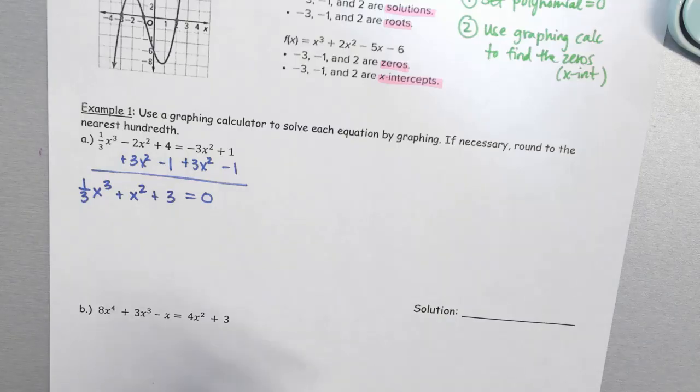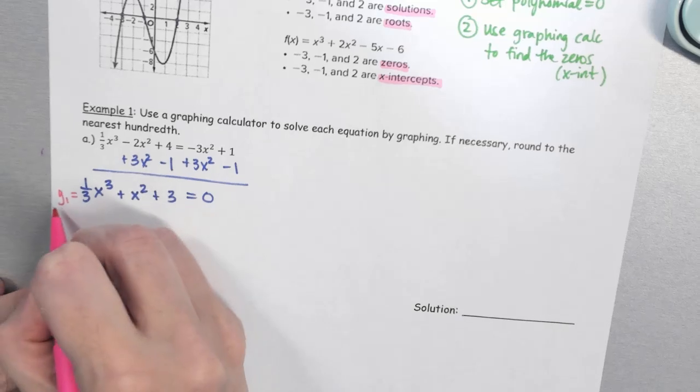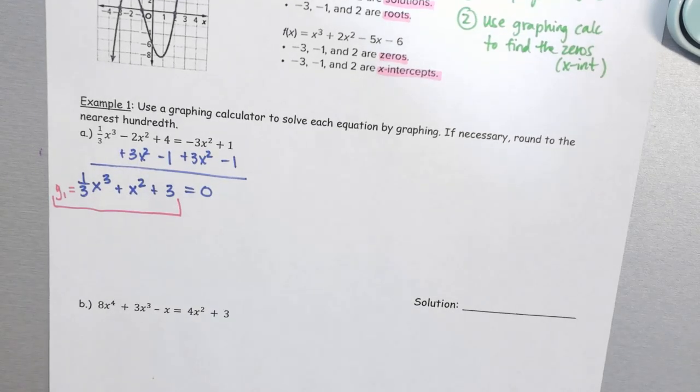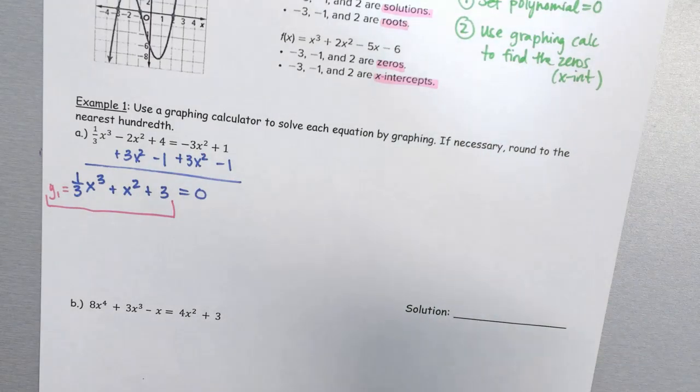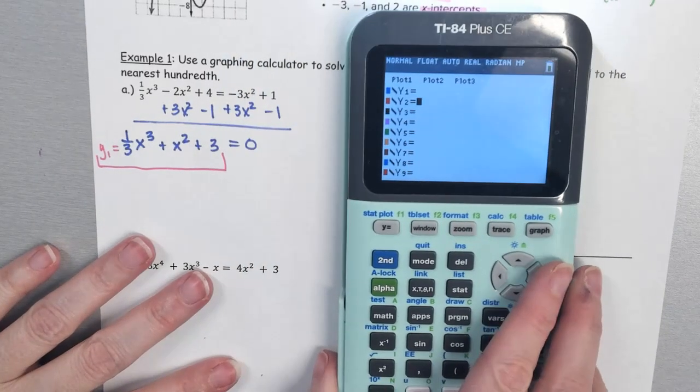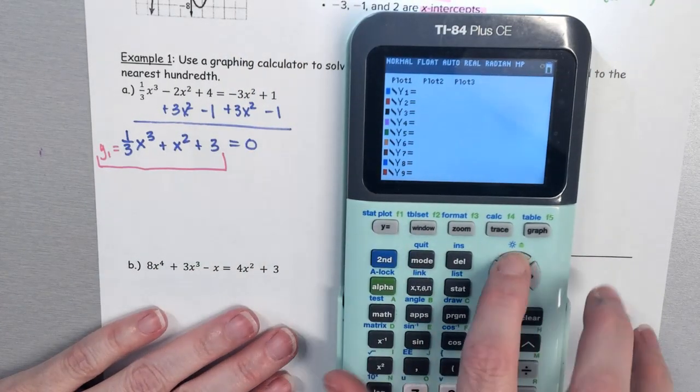So when you're doing this on your graphing calculator, you're just going to plug in this equation to your y equals. Okay, so that's what you guys are going to do on your graphing calculator. So you go to your y equals.